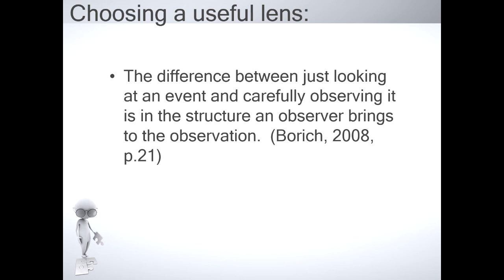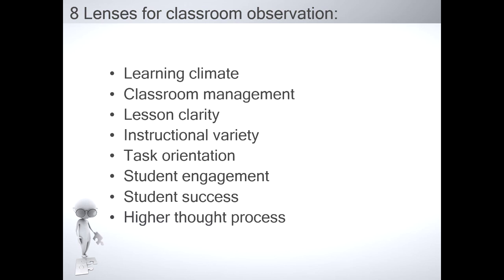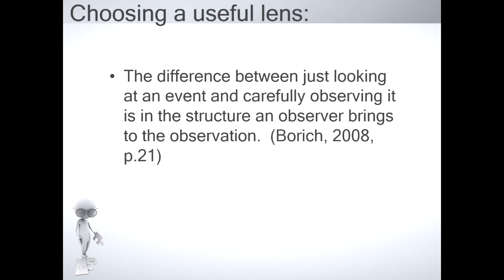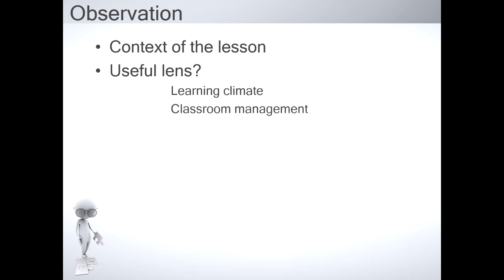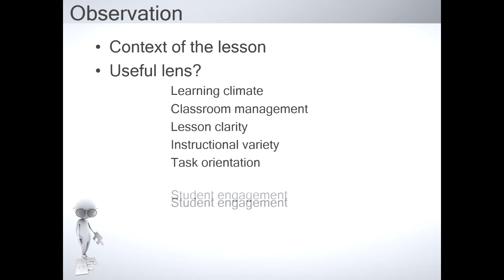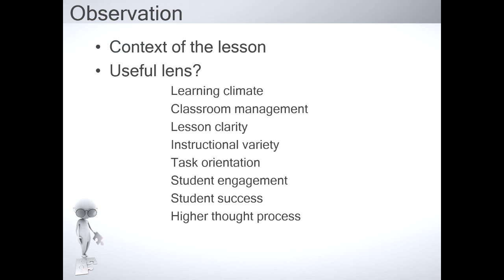So those previous lenses that we just looked at are the types that you can apply when you're observing, and they will all give you different things to focus on. So observation depends on the context of the lesson and what useful lens you're using, which is the learning climate, classroom management, lesson clarity, instructional variety, task orientation, student engagement, and student success. And lastly, higher thought processes.